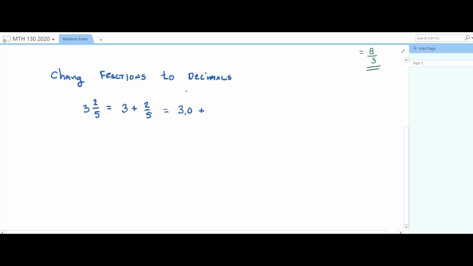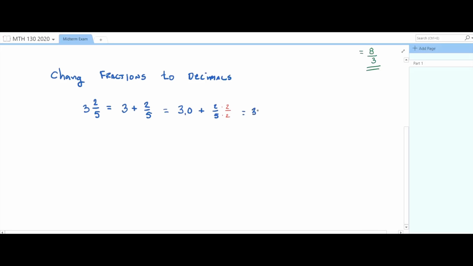Or if you want to do this longhand, we can notice in a clever way that to turn the denominator into tenths, we multiply by 2. And that means we have to multiply the numerator by 2, so we're multiplying our whole fraction by 1 and not changing the fraction at all.